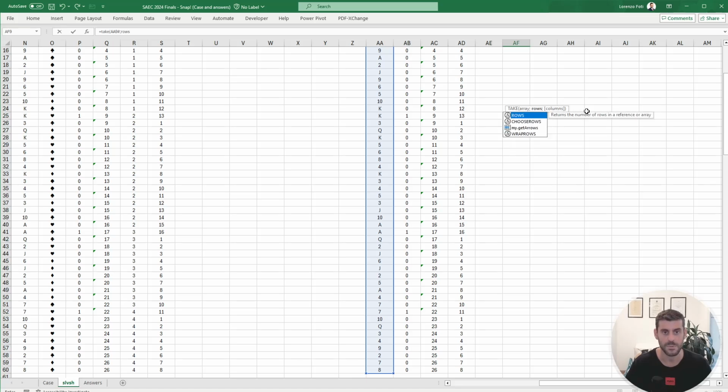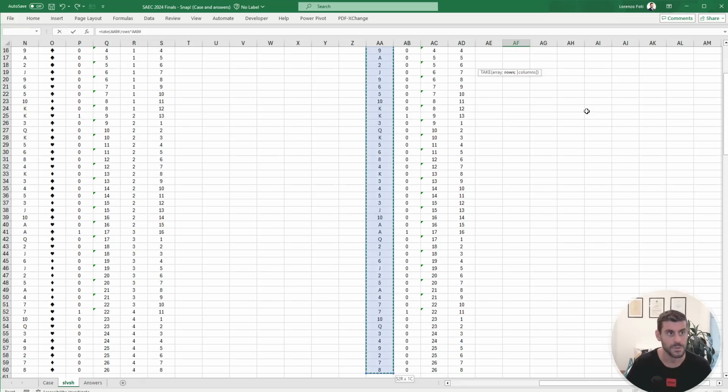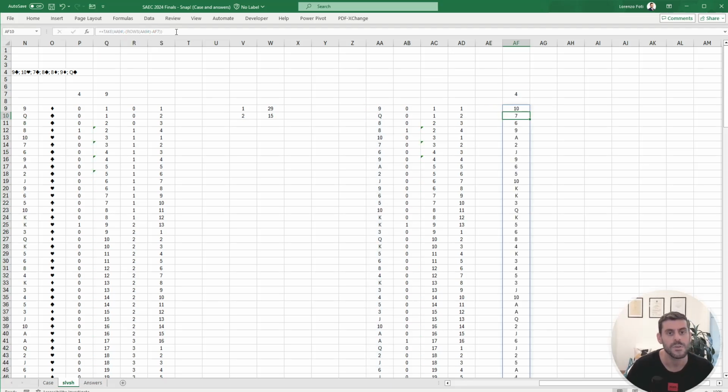Rows is rows of this minus 4. No, it's minus rows of that minus 4.